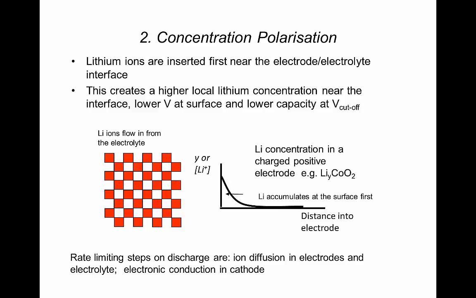So the next slide indicates this, that as lithium ions are inserted initially near the electrode-electrolyte interface, there's a high concentration of lithium ions, but then this decreases rapidly as we move further into the electrode material. And as we've seen earlier, the rate limiting steps depend upon ion diffusion in the cathodes and in the electrode and electrolyte, as well as the electronic conduction.